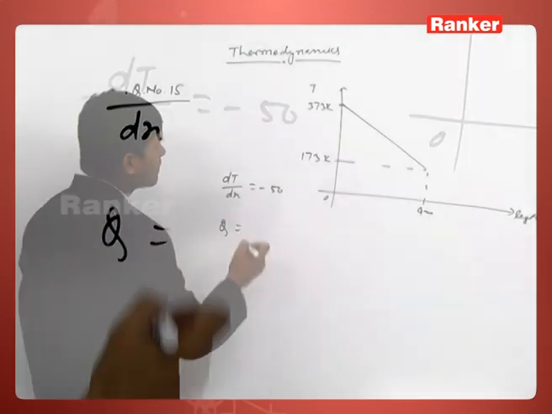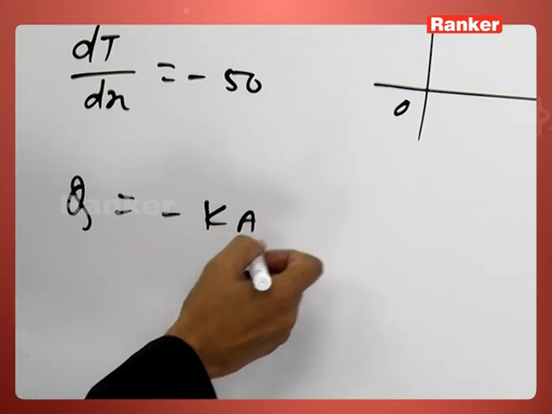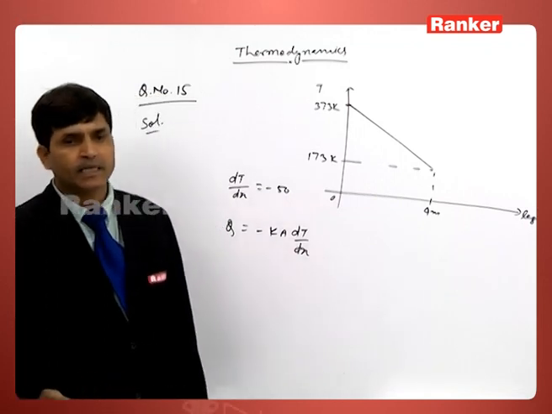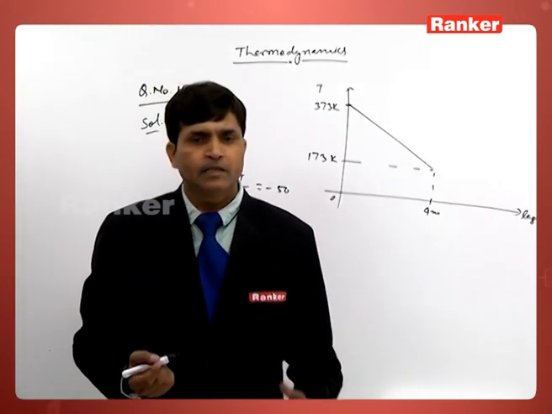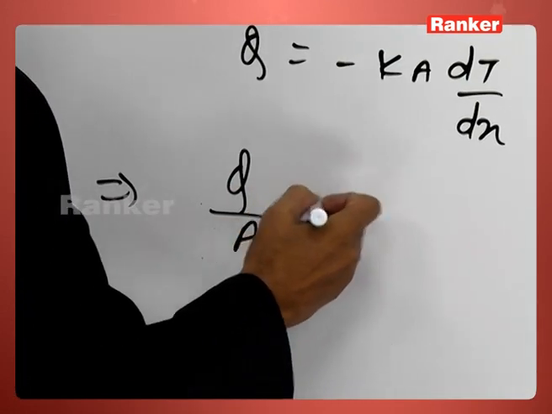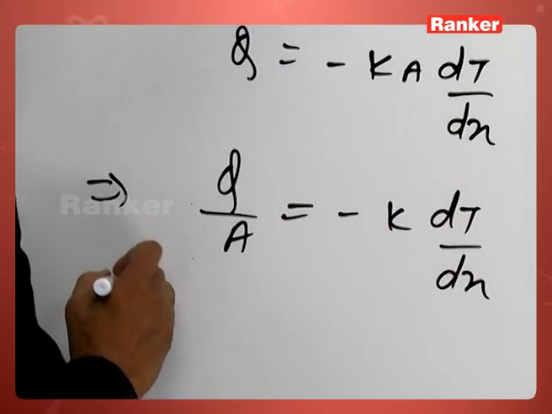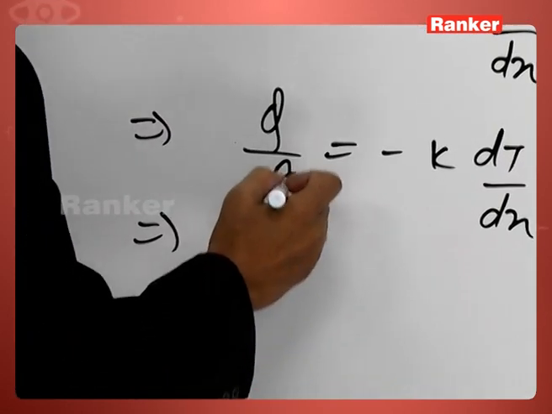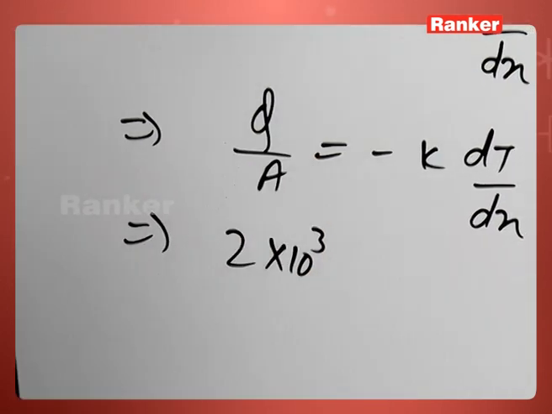As according to the law of thermal conductivity, Q is equal to minus K A dT by dx. K is the thermal conductivity. Now, as per the given information, the flow rate of heat per unit area means Q by A. Q by A is minus K dT by dx. That Q by A value is given here as 2 kilojoule, and kilojoule means 10 power 3 joule per second.